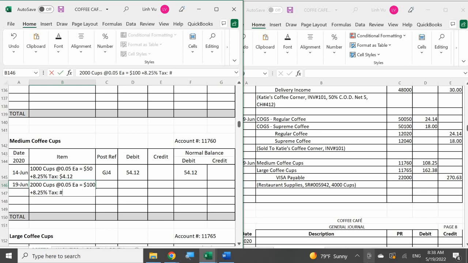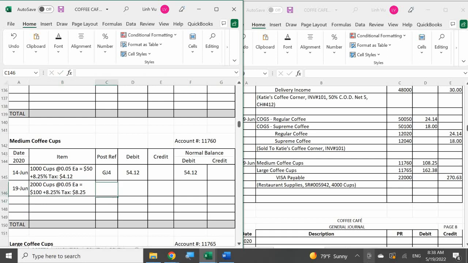which gave you $8.25. So therefore, on page 7, I need to add 108.25 to my total medium coffee cups.